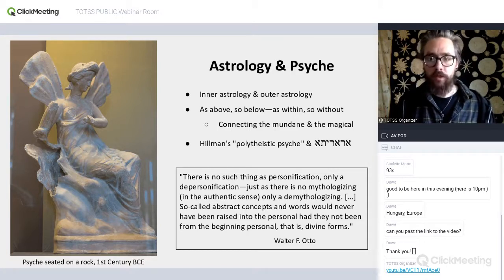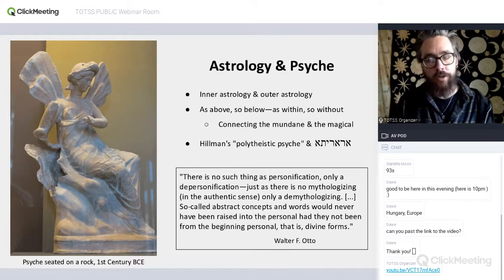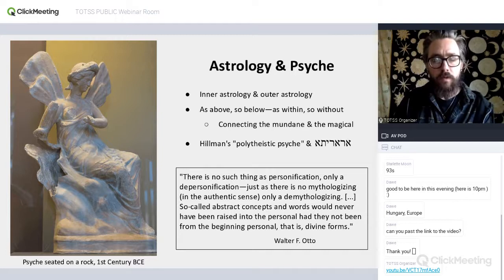Astrology and the cycles of astrology can really speak to the events both around you personally and within you, as well as in the greater world. And I think that helps to link the mundane and the magical. I think that is a really beautiful aspect of the study of astrology.